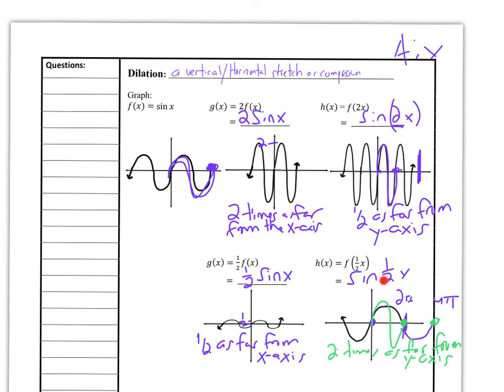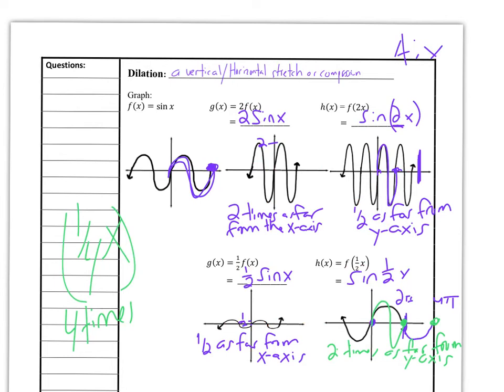When it says multiply by a half, we actually flip the half and multiply by 2 over 1, which is just 2. So if it gave us a number like 1/4 inside parentheses, it wouldn't be 1/4 as big. It's actually going to be 4 times as far from the y-axis. It's the opposite. That inside parentheses is miserable. It is opposite what you'd expect.